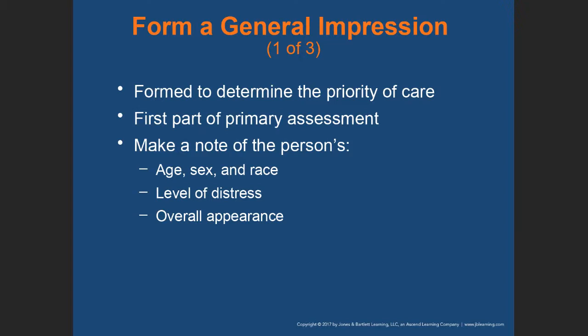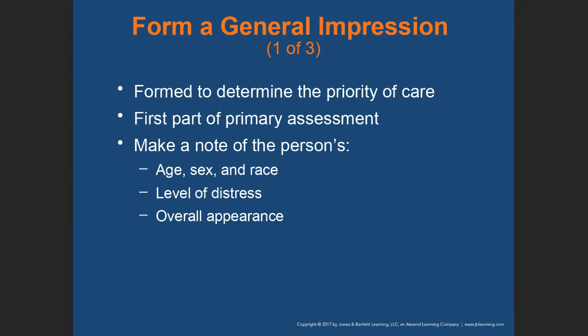There are things that must be considered, there are things that must be assessed. The first thing that you need to consider is the general impression, which is a visual assessment. When you form a general impression of your patient, it's a visual assessment.